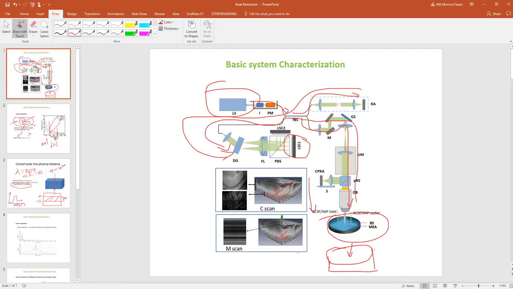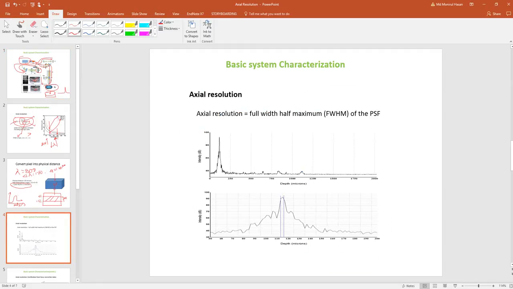So in the depth profile we will only see this kind of peak from the mirror. We take the data from the mirror, and this is the depth profile we got. The y-axis is the intensity in dB and the x-axis is the depth in microns.